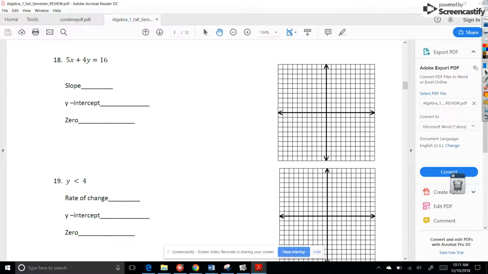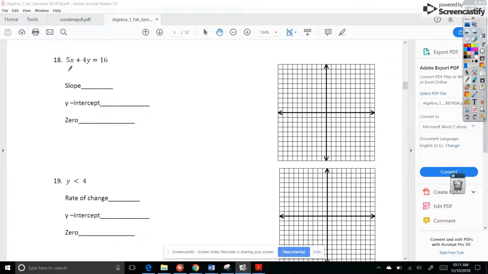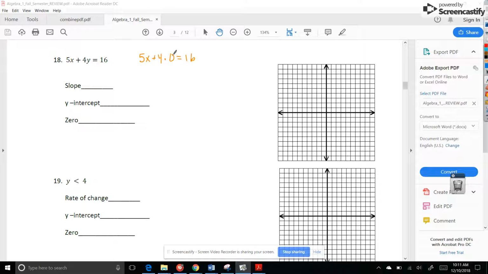All right, more graphing. I'm in standard form. I can actually find the x and y intercepts on this one if that's something that you want to do to graph. I'll show you a couple ways to do this one. So to find the x-intercept, I'm going to substitute in a 0 for y and solve my equation. 16/5.